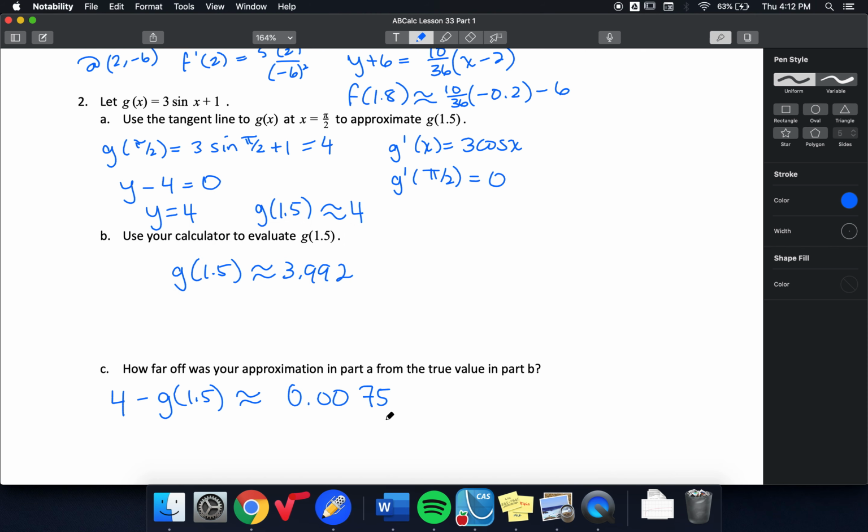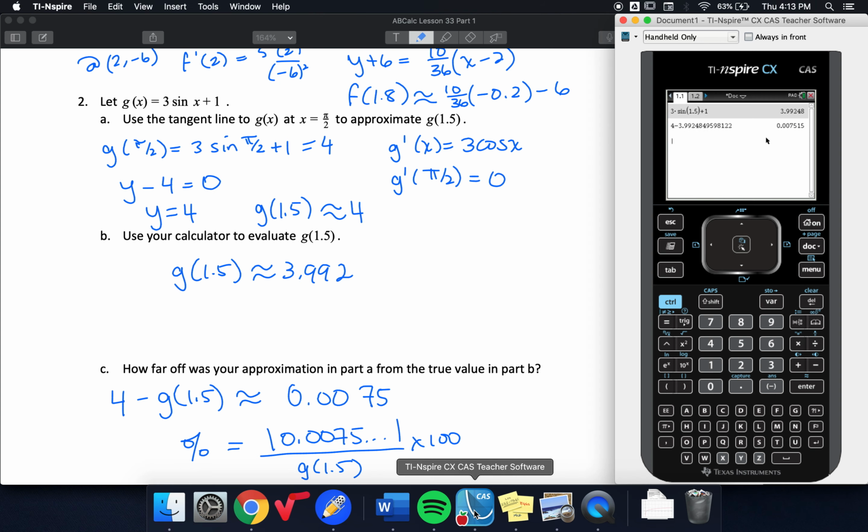So I really want to think about what percent I'm off. Percent error is going to be the actual minus the approximate, divided by the actual, and I'm going to take the absolute value of that. In this case I don't need the absolute value because it is already positive, but I'll think about it anyway. Divided by the actual, and then times 100 to make a percent.